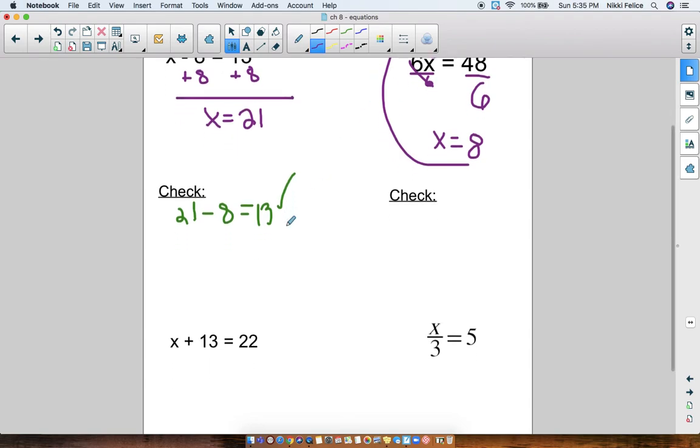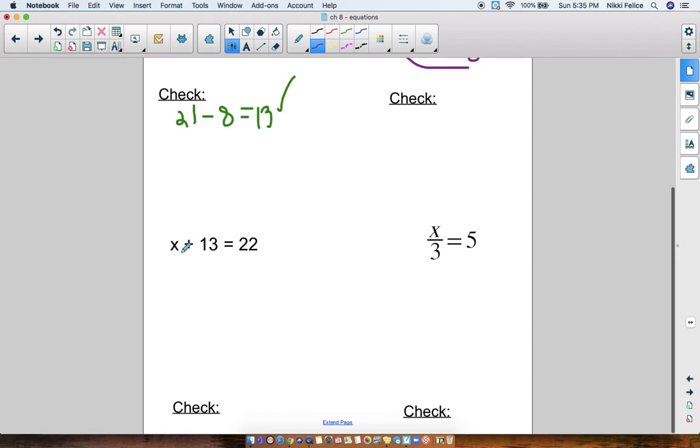Down on the bottom, x plus 13 equals 22. Well, the inverse of plus 13 would be minus 13. So I'm going to do minus 13 here. These cancel out.